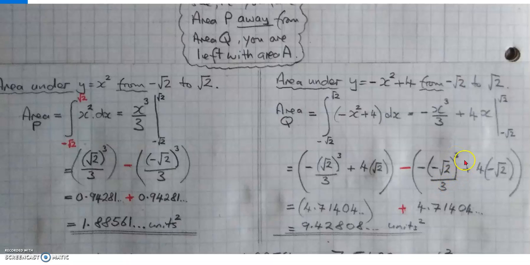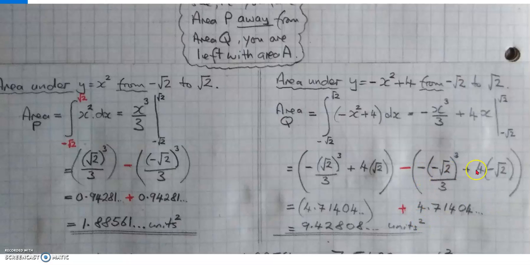Then plus 4 times this limit here of negative root 2. When you work all of that out and you're super careful with your signs, you should find that inside this bracket it will come to negative 4.714 something, something, something.